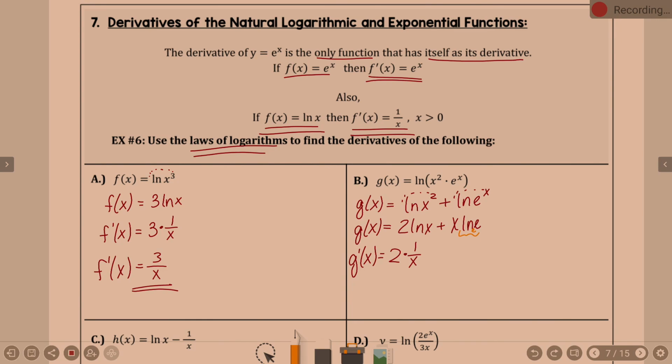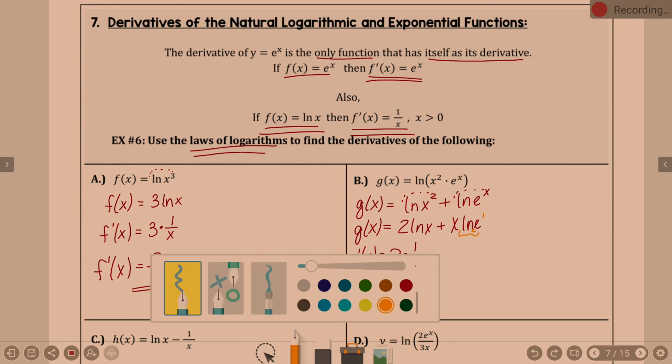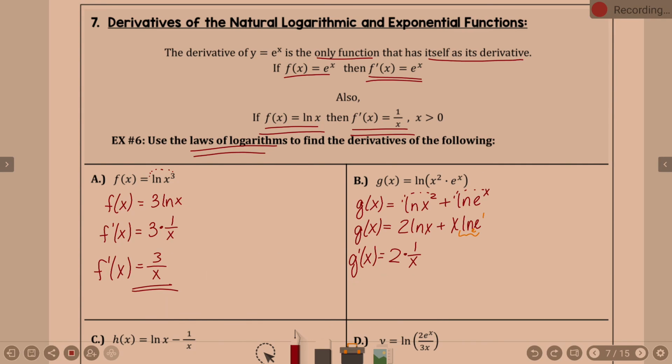It's equal to the power, and my power is currently 1. And so if this becomes 1, we're just left with x. But what is the derivative of x? 1. So 2 over x plus 1.